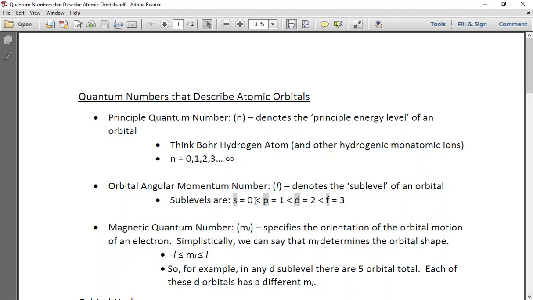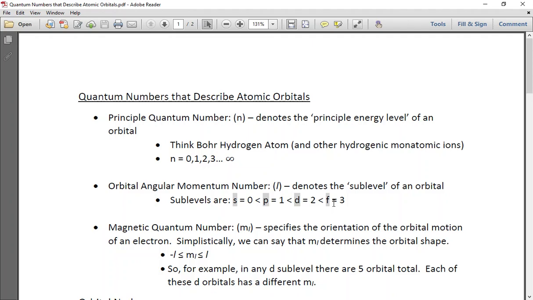An S sublevel has an orbital angular momentum number of 0. P is 1, D is 2, and F is 3.